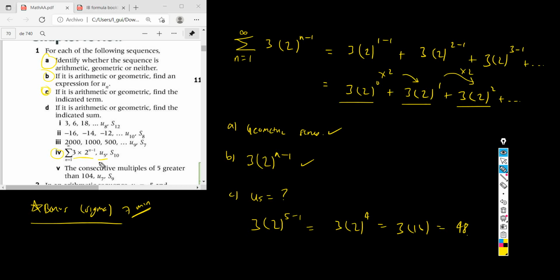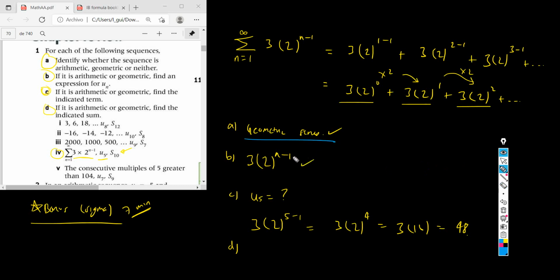And that's it. And D, if it is arithmetic or geometric, find the indicated sum. They want me to find this sum, the sum of the first 10 terms. Okay, perfect. Once again, I make use of my formulas, either this one or this one. What information do I know in here? Well, no. That's a mistake. I'm making a mistake. We're talking about a geometric series, guys.